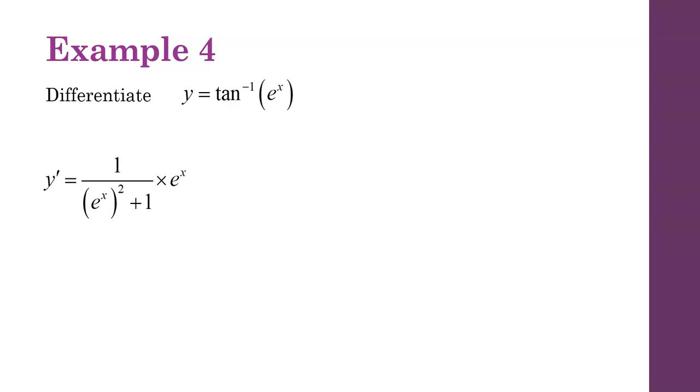Then we're going to multiply by the derivative of the inside because of chain rule, so times e to the x. And just to clean it up, that gives us the derivative of the function we started with, y prime is equal to e to the x over e to the x quantity squared plus 1. We can use the exponent rules and multiply the two exponents and get e to the 2x plus 1.